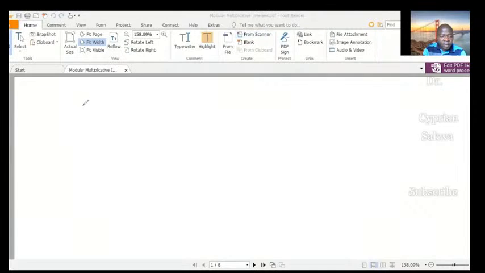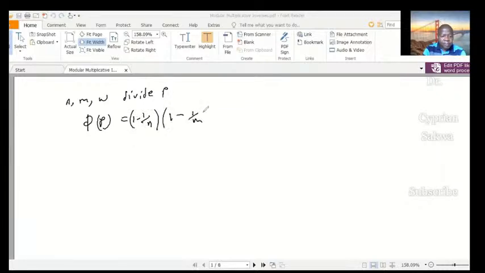So I've already said that if the prime numbers n, m, and w divide p, then the Euler phi of p will be given by 1 minus 1 out of n, multiplied by 1 minus 1 out of m, multiplied by 1 minus 1 out of w, multiplied by p.